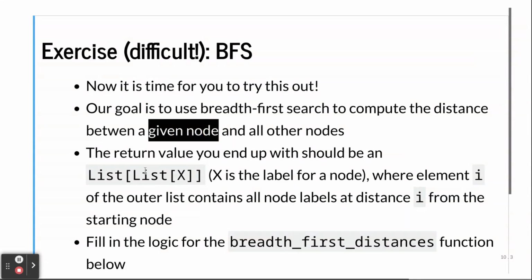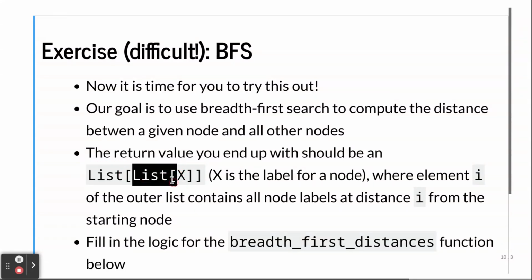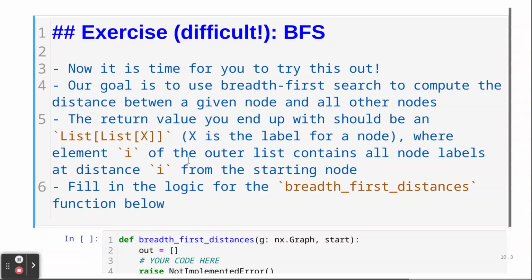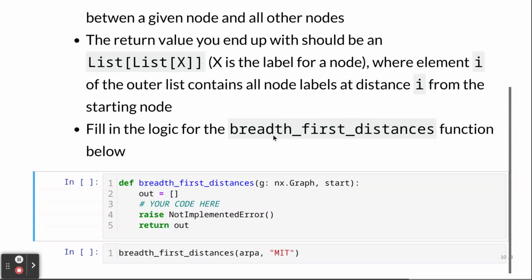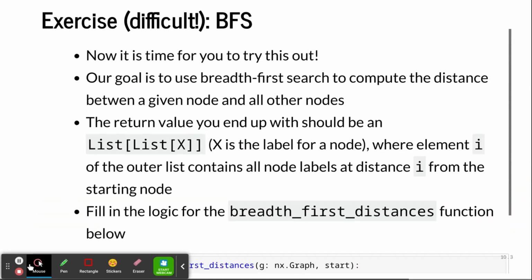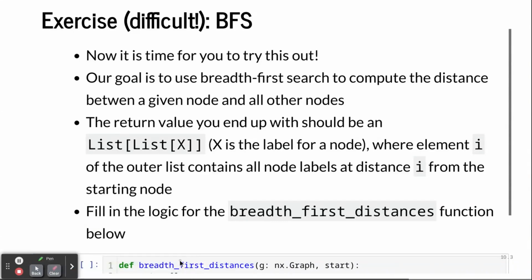What we want this function to return is a list of lists of node names. So for example, the return value for that MIT example we just came up with would be: the first element would only include MIT. This would be element 0 of our outer list, and this represents all nodes at distance 0.